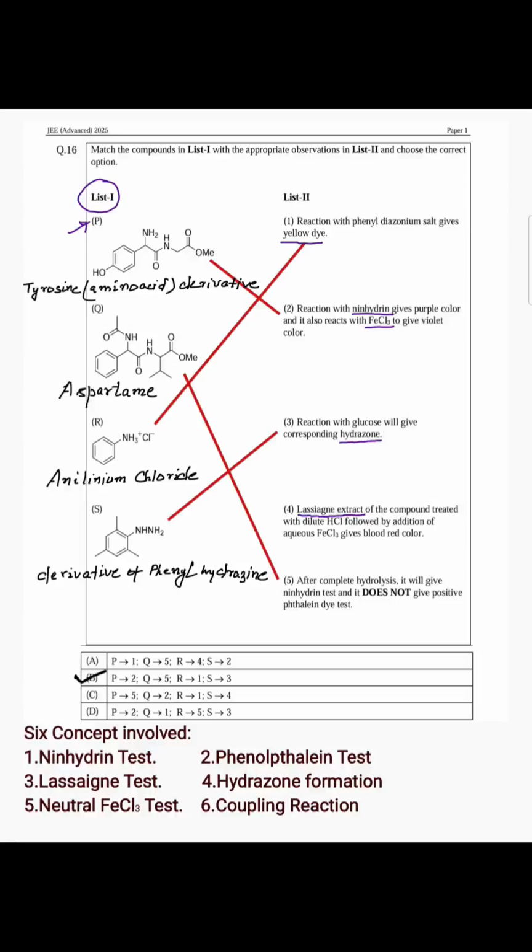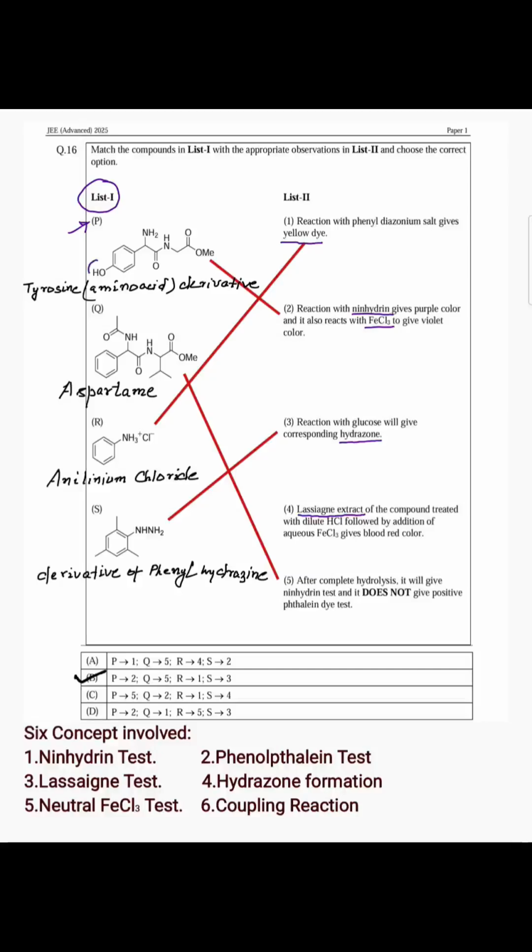The answer is going to be B. You can see I have marked it with red lines. Option P of list 1 matches with the second option. The second option means this is giving the ninhydrin test, a purple color compound, and will also react with FeCl3. It will react with FeCl3 because you can see that in this case there is an OH group involved.